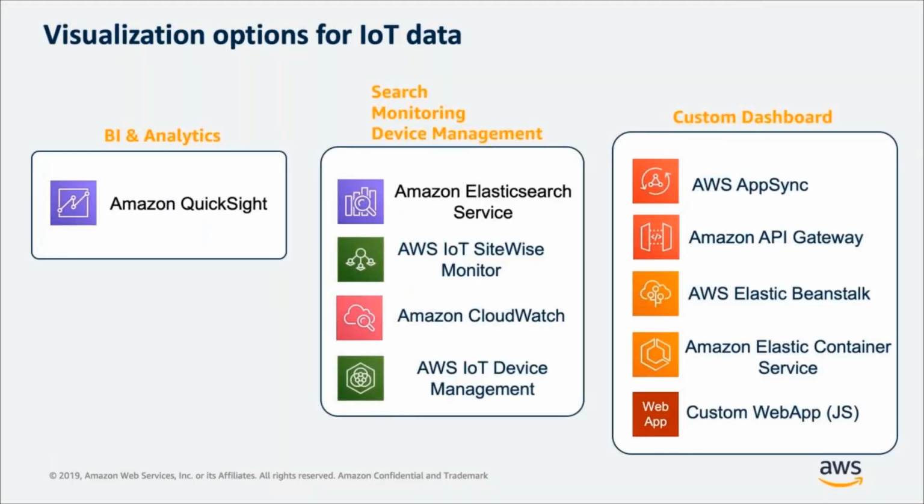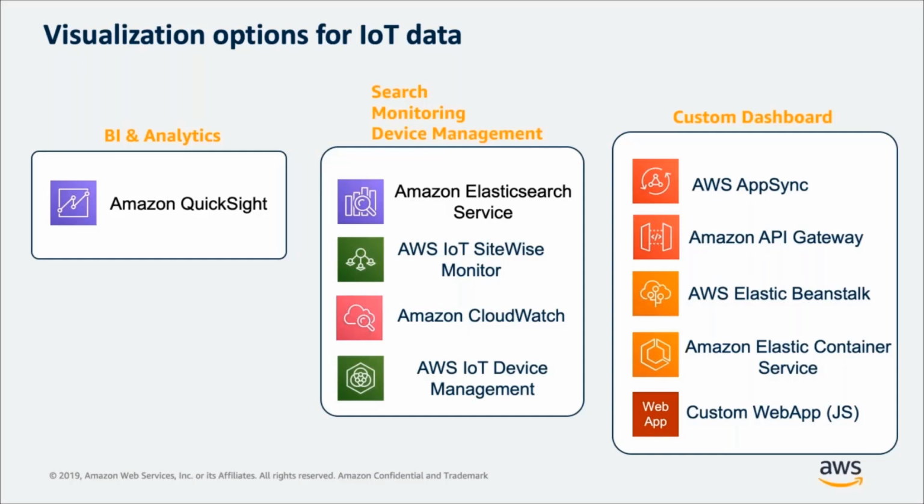For longer-term trends and analytics, Amazon QuickSight is ideally suited as a cloud-native serverless business intelligence service. It allows you to build managed dashboards. It allows you to quickly throw these up on the screen and connect to a variety of data sources in AWS and on-premise directly on the dashboard.